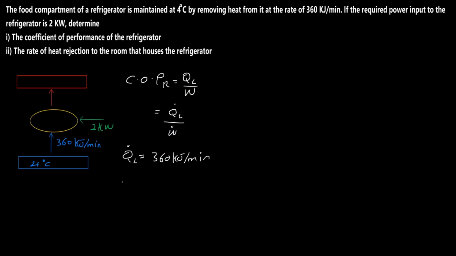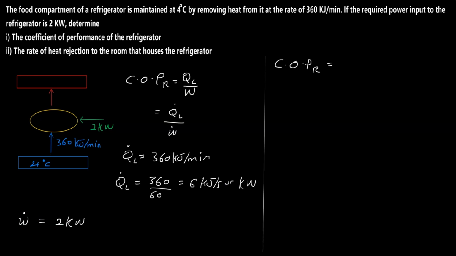To convert this to kilowatts or kilojoules per second, we divide 360 by 60, which is the number of seconds in 1 minute. And doing this, we get Q̇L as 6 kilojoules per second, or 6 kilowatts. We've also been given the work input as 2 kilowatts. So the coefficient of performance of our refrigerator is equal to 3.